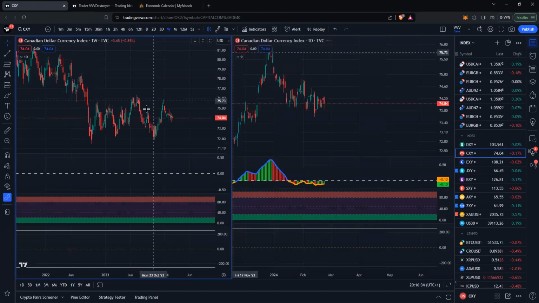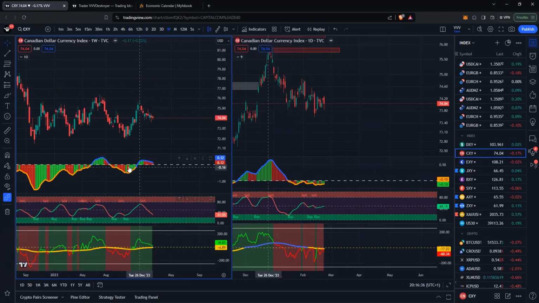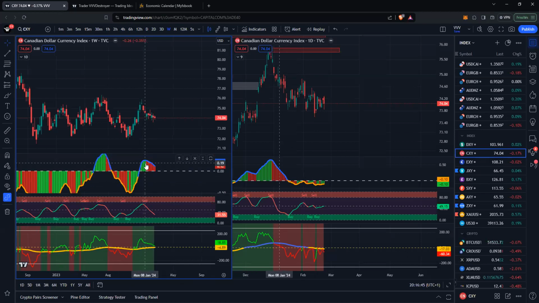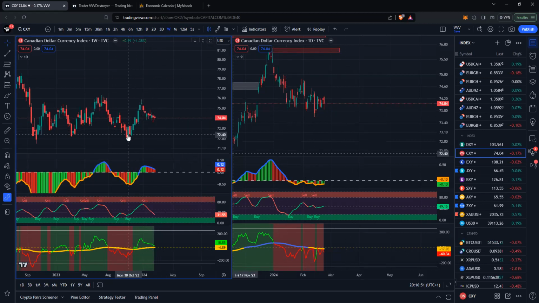And say the CXY is moving to the downside, and this is what I'm saying. This is still above the zero line. You see, it's moving to the downside, but with small candles, and most of the time what's happening after that is impulse, correction, impulse.